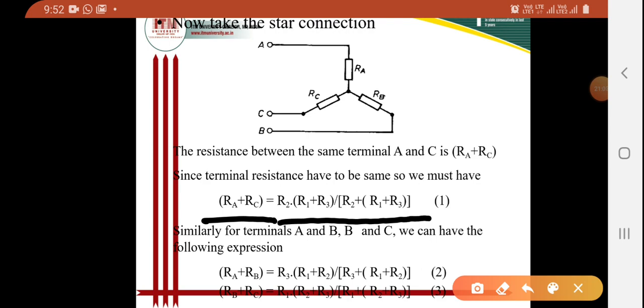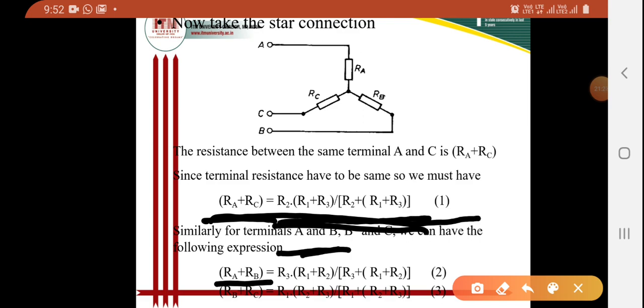Now for terminals A and B, you can write RA plus RB for the star connection, and from the delta connection it will be equal to R3 whole into R1 plus R2 divided by R3 plus R1 plus R2.